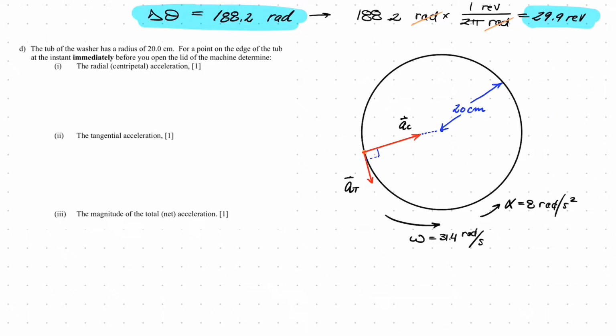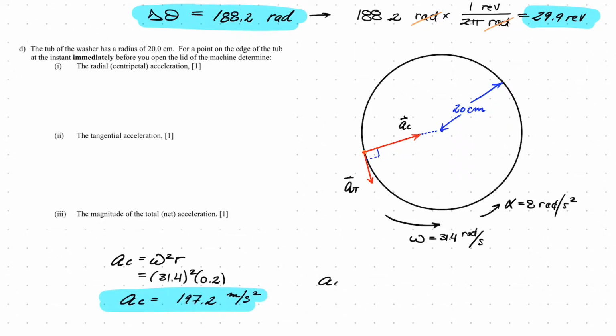We can simply calculate the centripetal acceleration to be omega squared r, finding that we get a value of 197.2 meters per second squared. The tangential acceleration is r alpha, and we calculate it to be 1.6 meters per second squared.